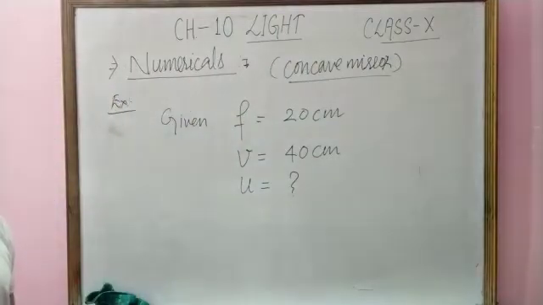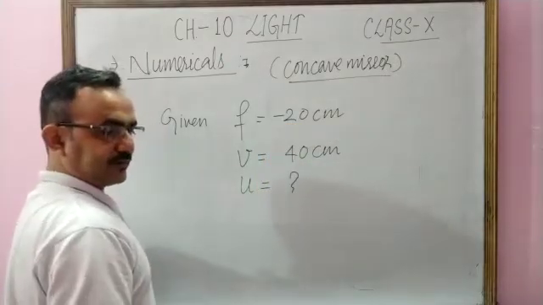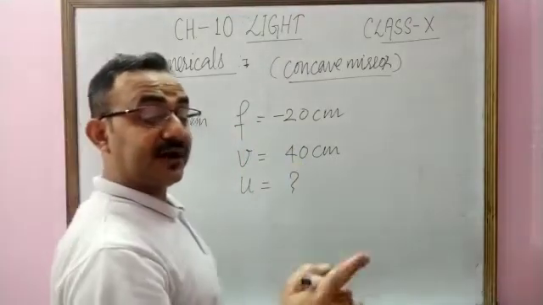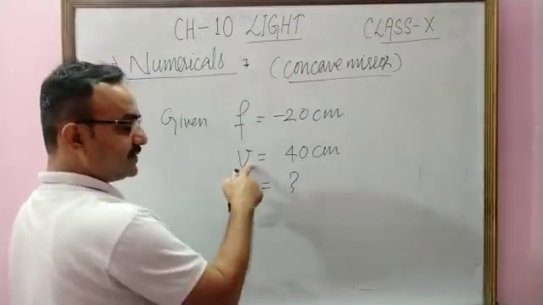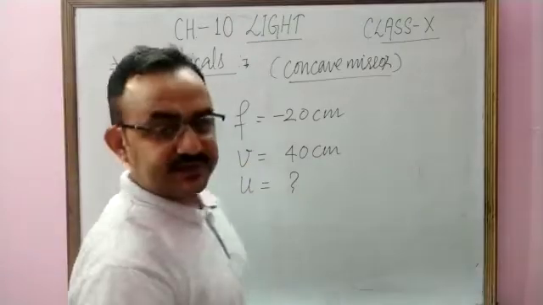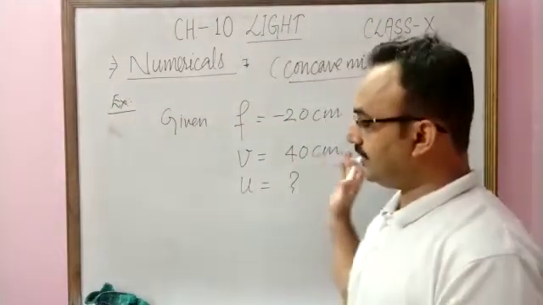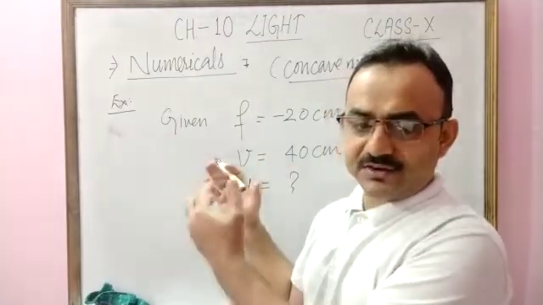As per the sign conventions, we know the focal length of a concave mirror is negative. Signs you have to put on the given values as per the sign convention, then only you will get the right answer. And similarly, V, the image, because it is clear you are getting a real image, means in front of the mirror.